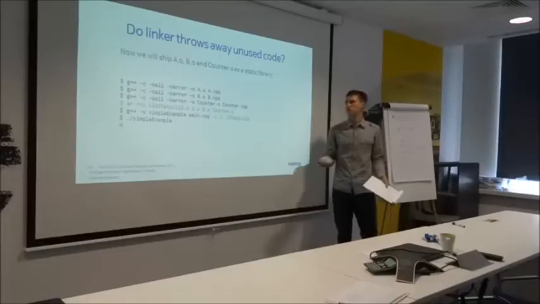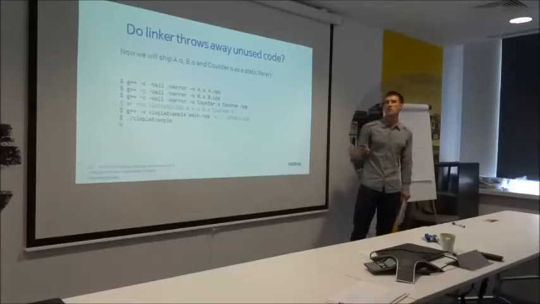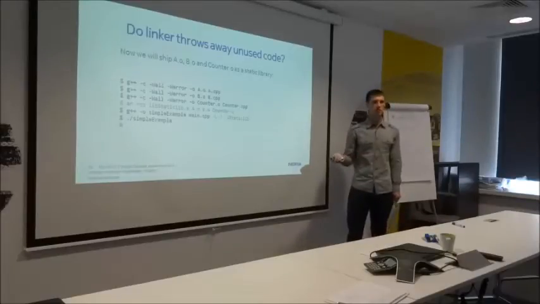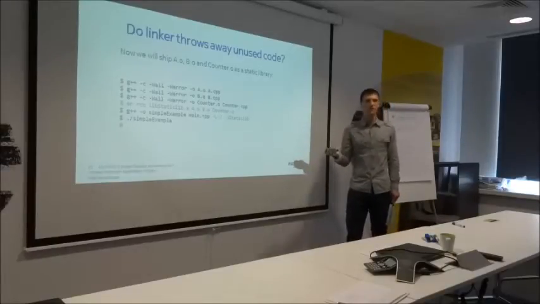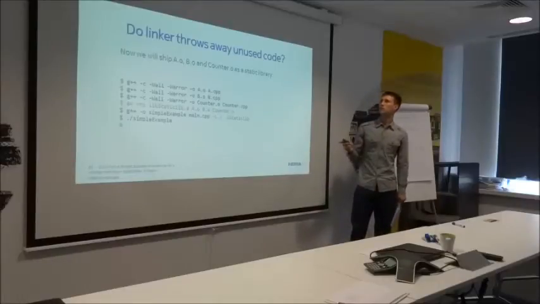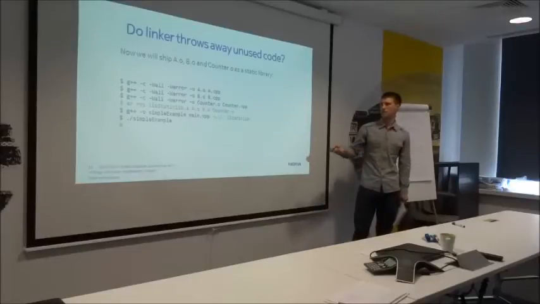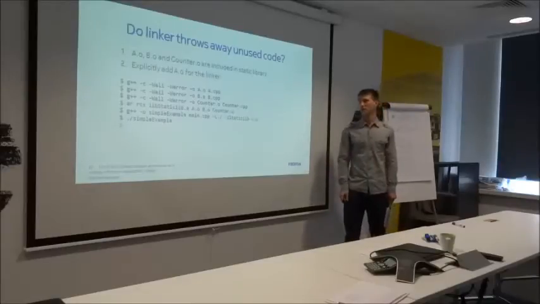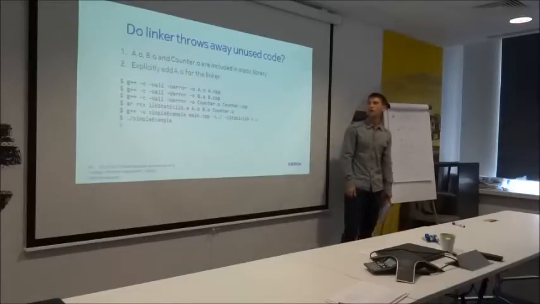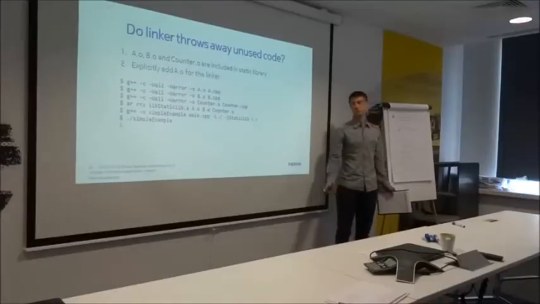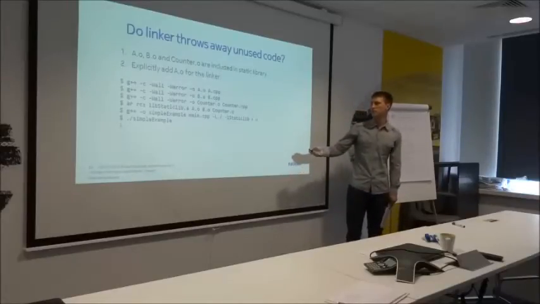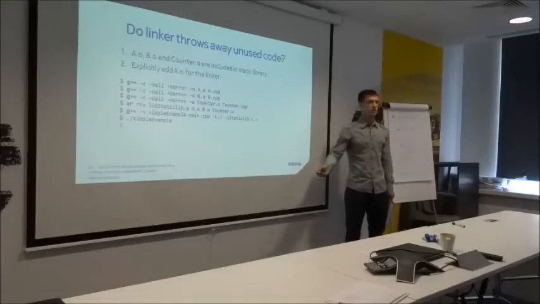So if the symbol is not referenced, it will not be included into the final binary file, but only if this symbol originated from the static library, like in this example. But we can force the linker to add the object file. If we add a.o explicitly, then we leave the linker no chance not to include this object file.